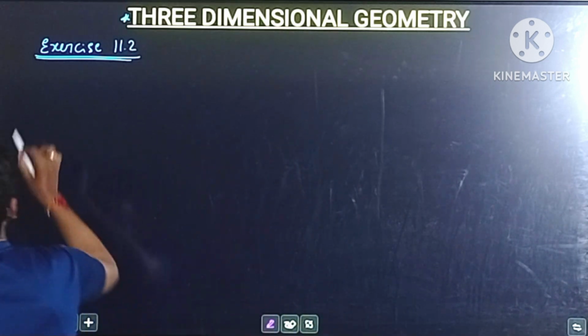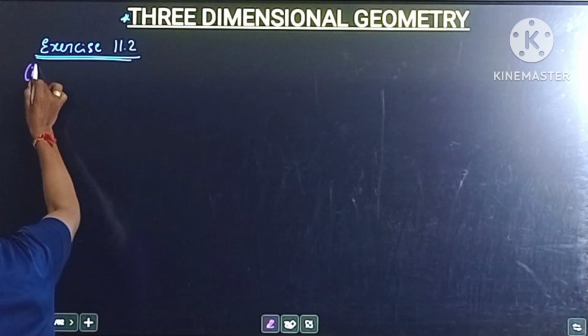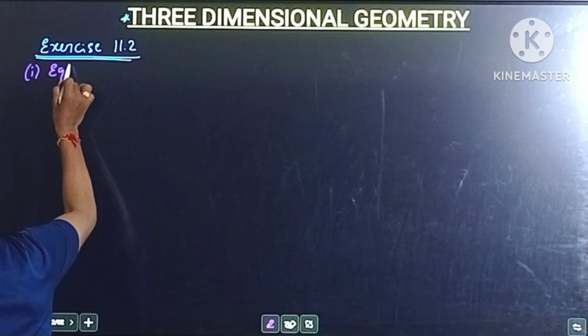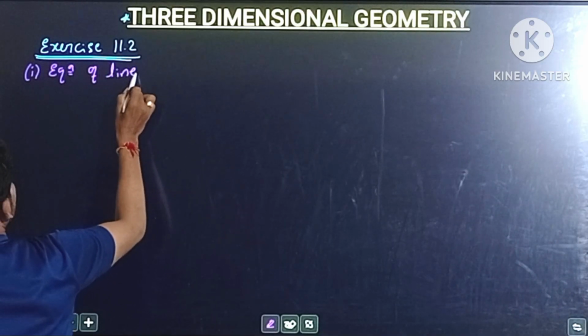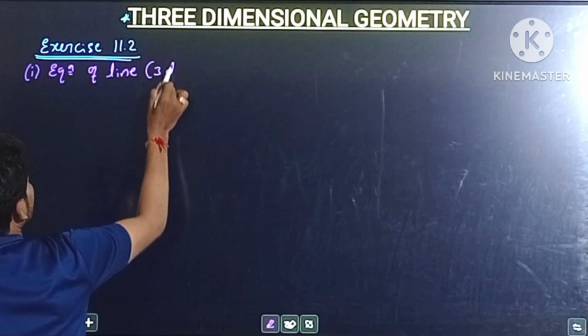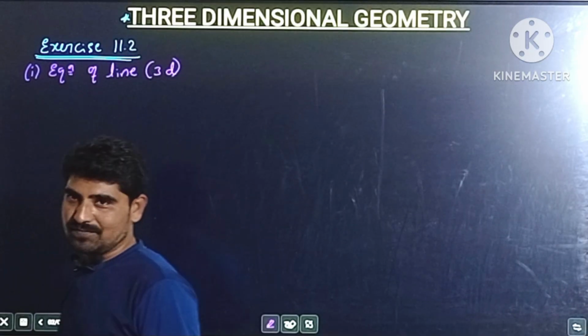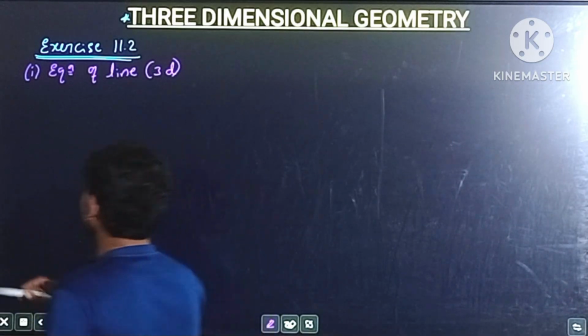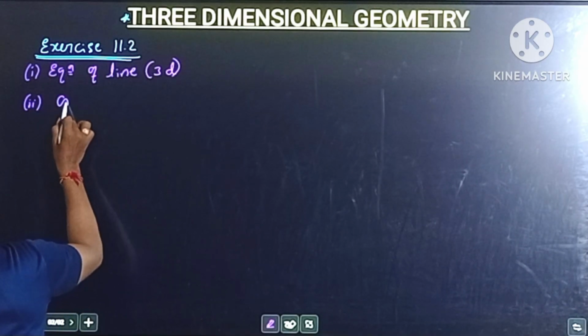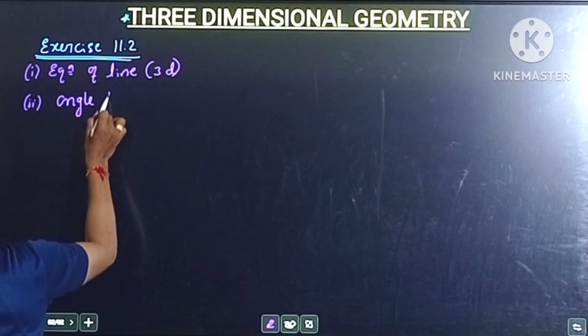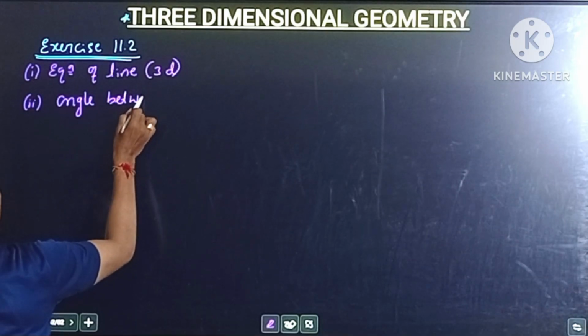The first one is equation of line. Basically we are going to study in 3D, that is, equation of line in space. The second concept is angle between two lines.